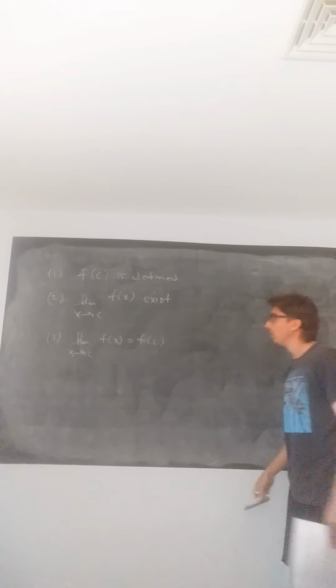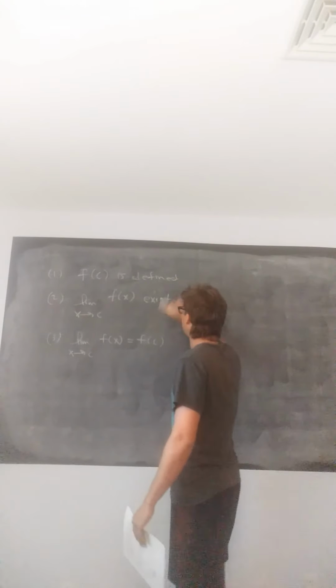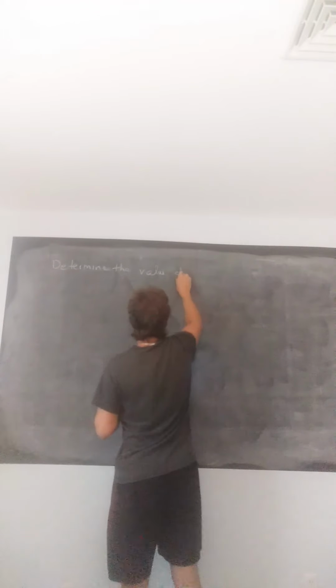Okay? So we're going to look at a problem today where we have to find a hidden value that makes the function continuous everywhere. And we've done these a little bit ago, but it's been quite a while. So we're going to determine the value of c, and f is given as a piecewise.